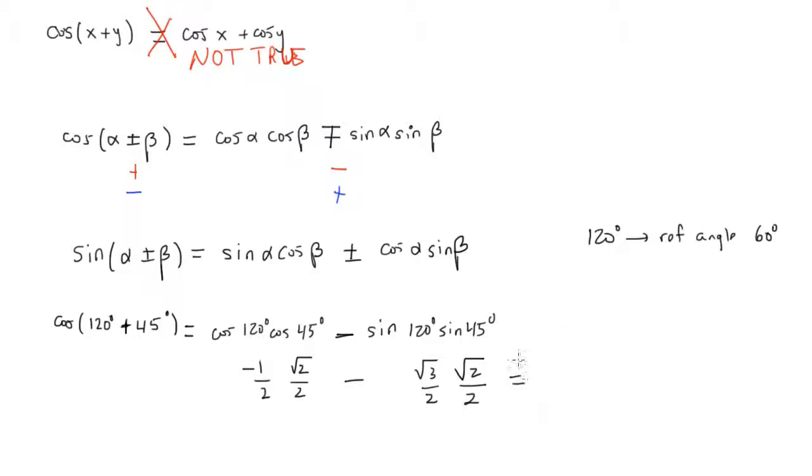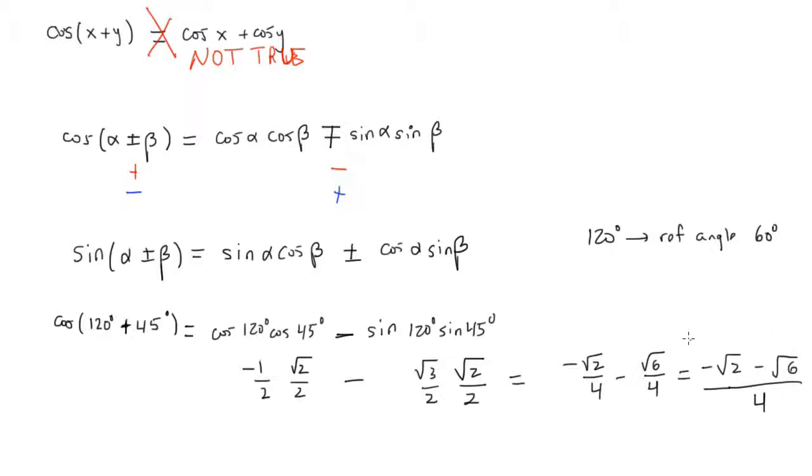And so for this, we get negative square root of 2 over 4 minus square root of 6 over 4, and we can buddy those up as negative square root of 2 minus square root of 6, whole thing divided by 4. Now notice, by the way, that this answer is actually a negative number, and it should be because 165 degrees is still in quadrant 2, and in that quadrant cosine is negative.